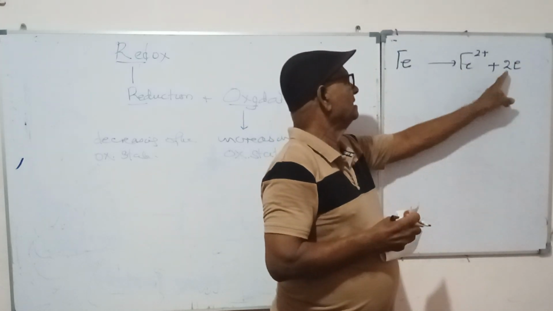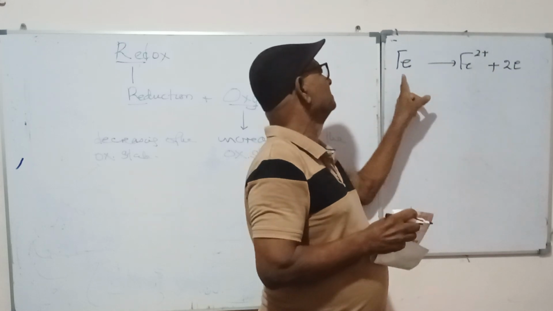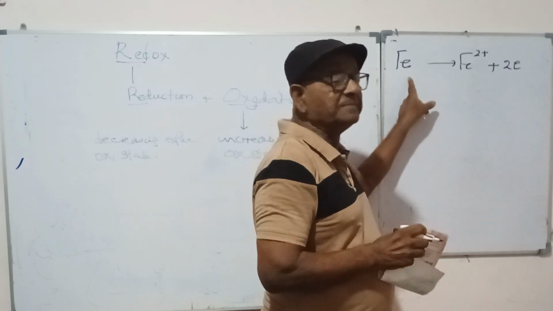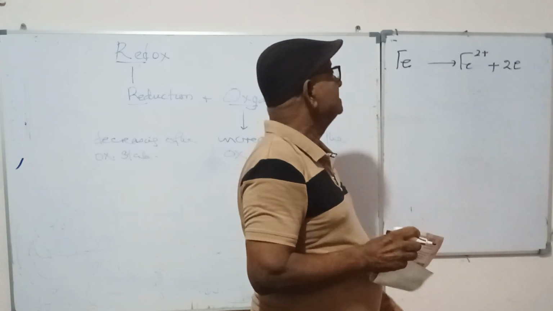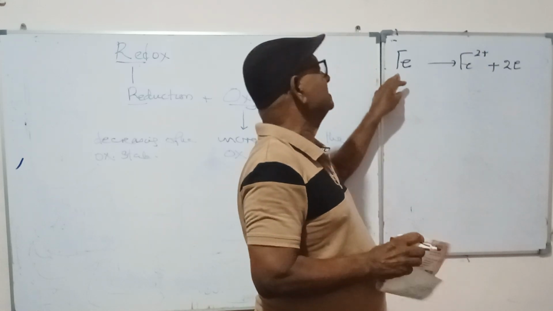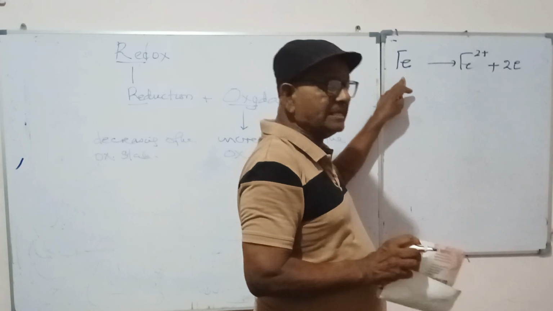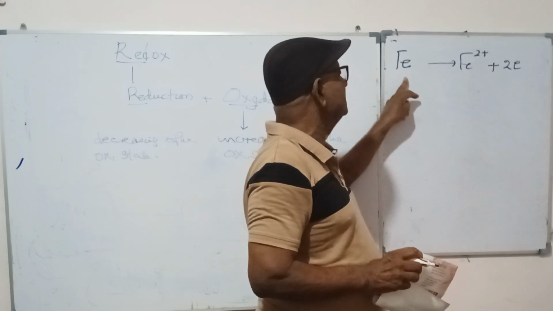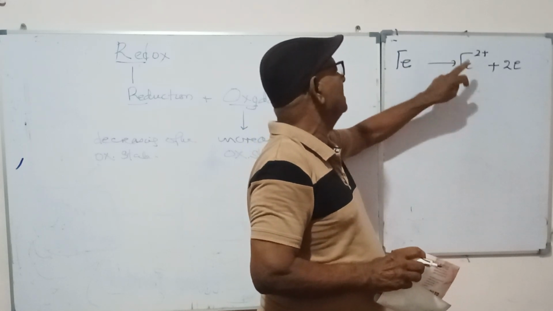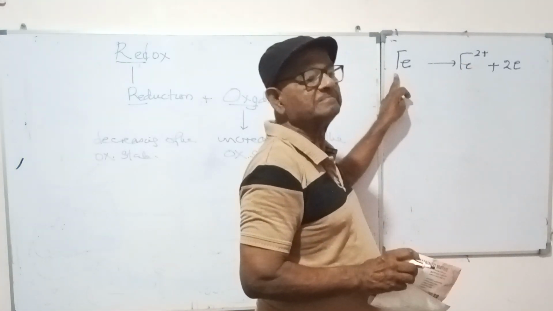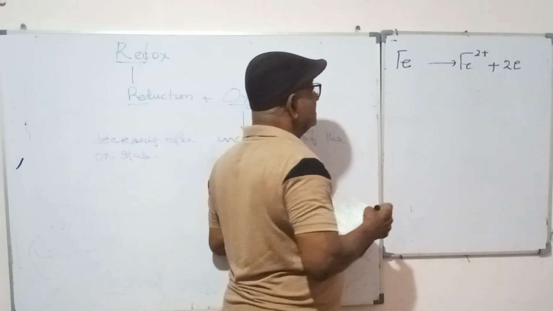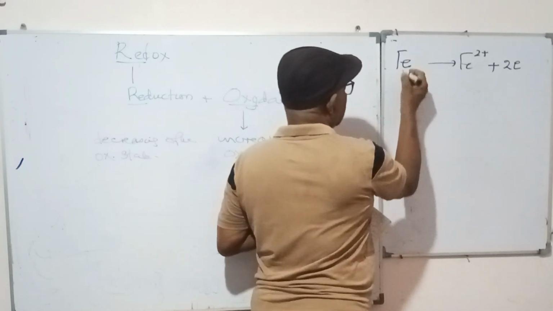These are the removed electrons by the Fe element. This is the balanced half reaction, the ionic equation to show the formation of Fe2 plus ion from the Fe atom.